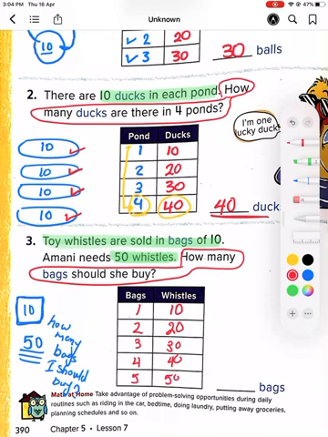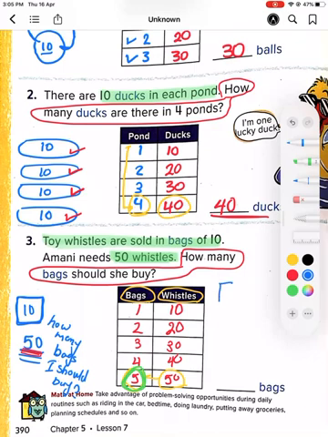Now, if I want 50 whistles, how many bags I should buy? Look here, this is the whistles, and this is the 50. And this is the bags, and this is the 5. So I need to buy 5 bags to get 50 whistles.